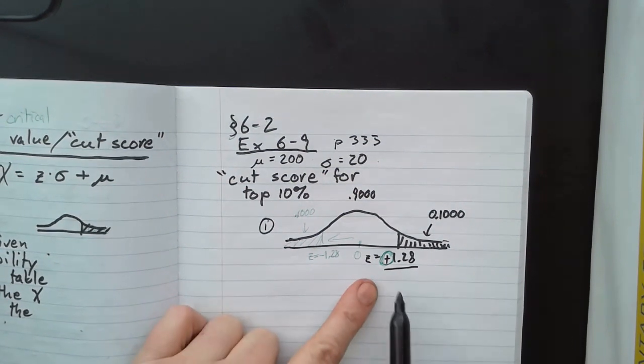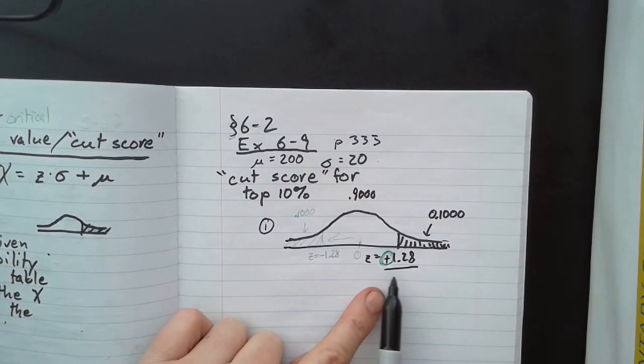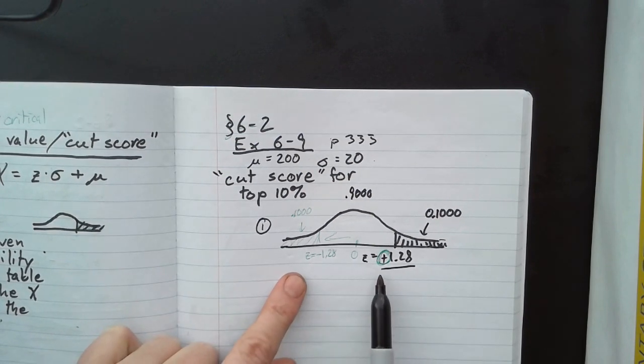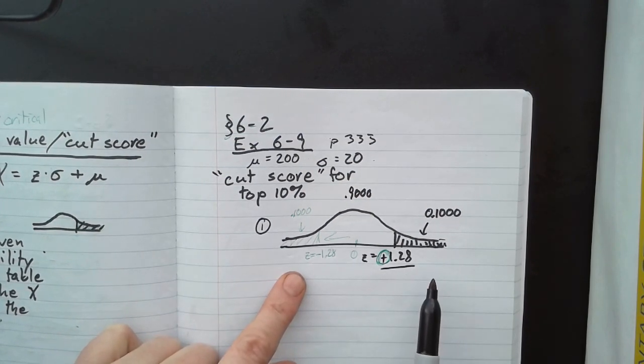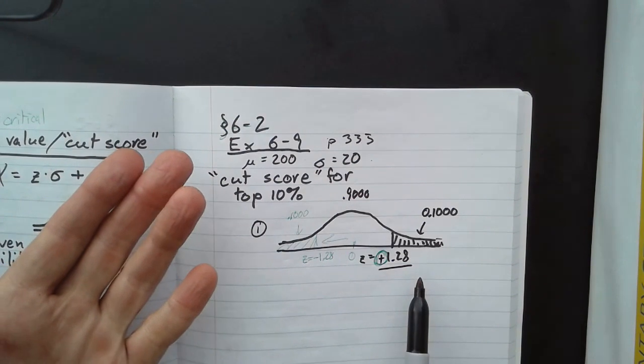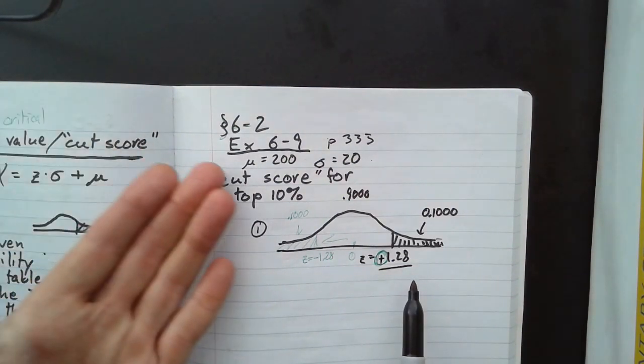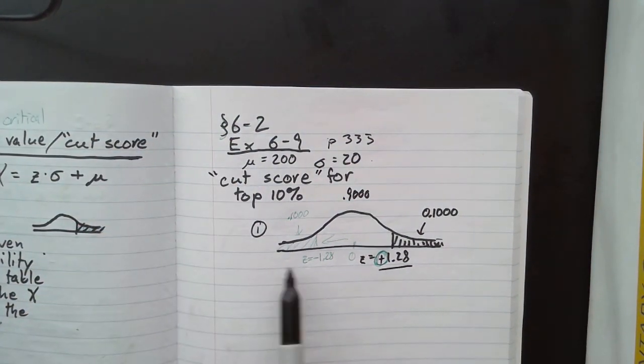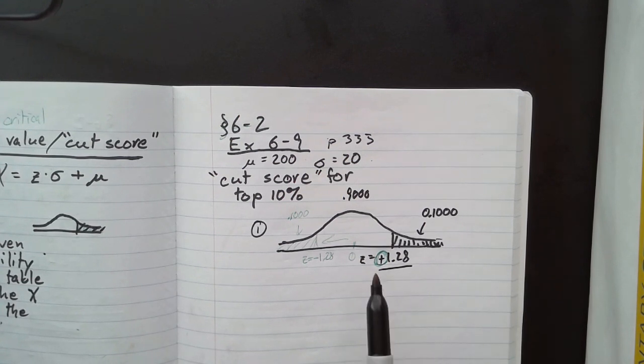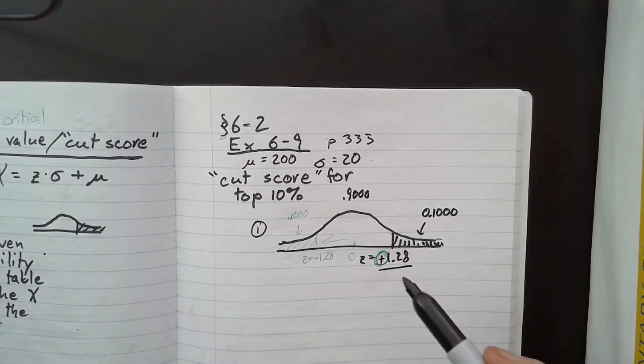All right. So basically, our z-score being positive 1.28 means we are 1.28 copies of the standard deviation above the average. And that's what it takes to be in the top 10%. We have to have our z-score be at least 1.28 copies of the standard deviation above the average, or higher than that.